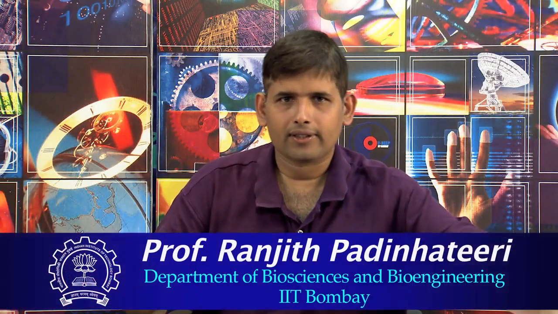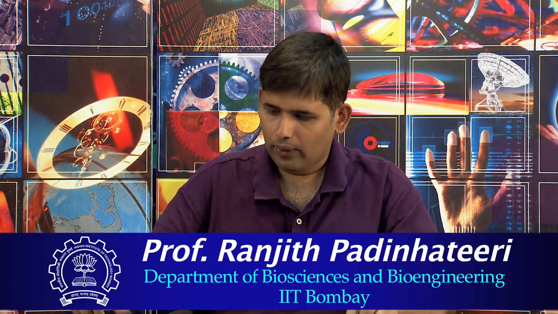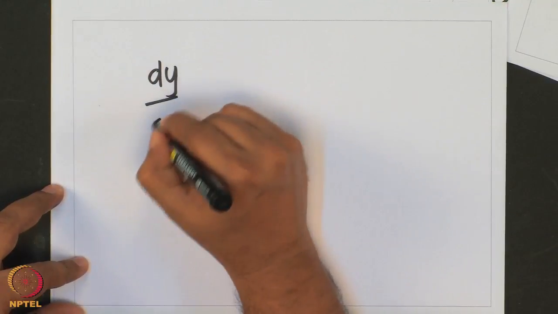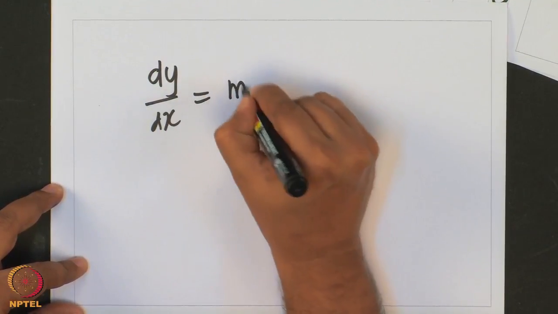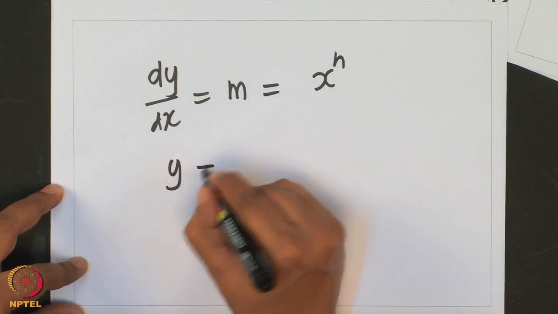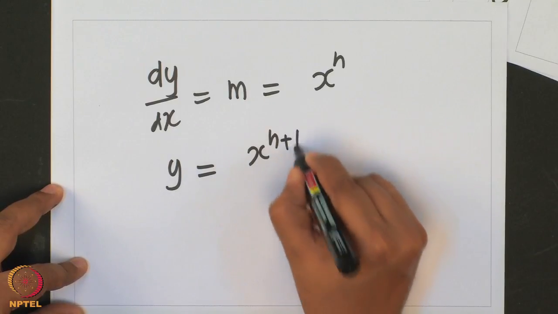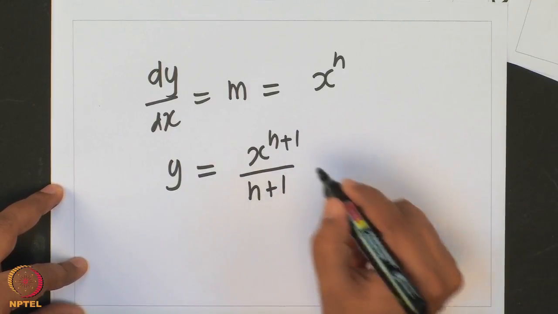To summarize, what we learned so far is a rule that one should remember while integrating. The rule is that if the slope dy by dx, which is our m, is x power n, then y will be x power n plus 1 divided by n plus 1.